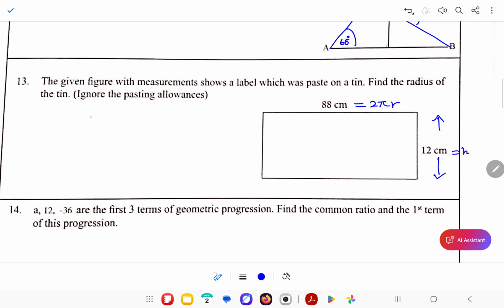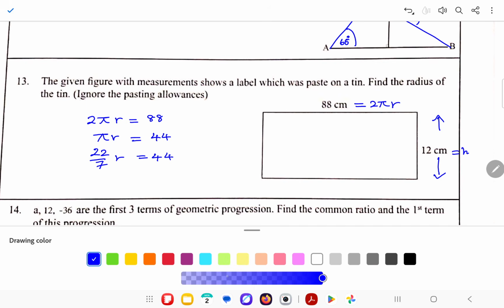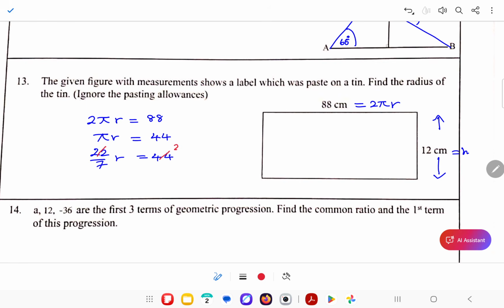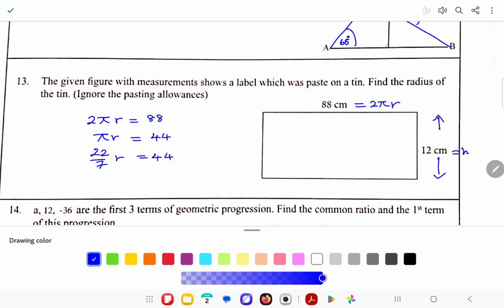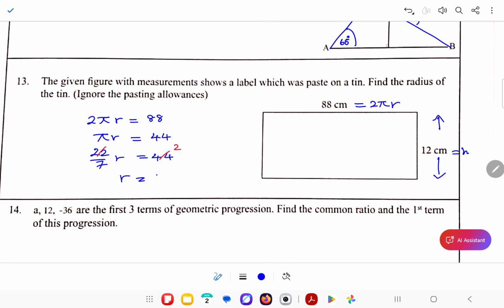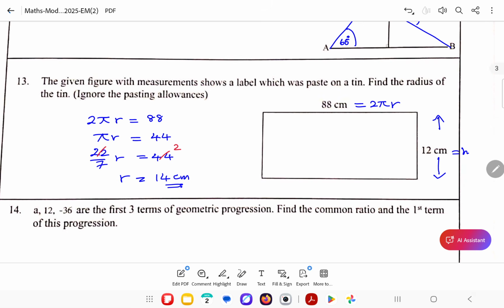So using that we can find the radius. 2 pi r is 88, so pi r is 44. So then 22 over 7 r is 44. So 22 and 44 cancel 2. So r is 14 centimeters. 2 into 7. So the radius is 14 centimeters.